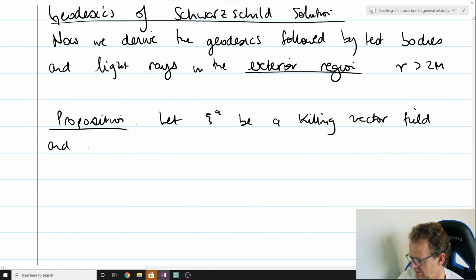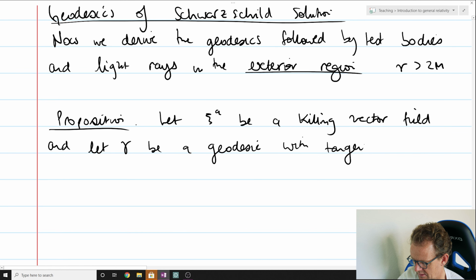And suppose you have a geodesic, and since it's a geodesic, it has a tangent U^A. Then there is a constant of the motion you can derive, namely ψ_A contracted with U^A is constant along the geodesic.